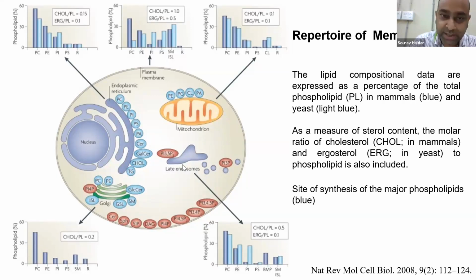I also mentioned that different parts of a cell, for example, plasma membrane or ER or Golgi or even late and early endosome, have very distinct lipid composition, and this distinct lipid composition has very serious implications in the physiological processes that happen in these particular organelles.